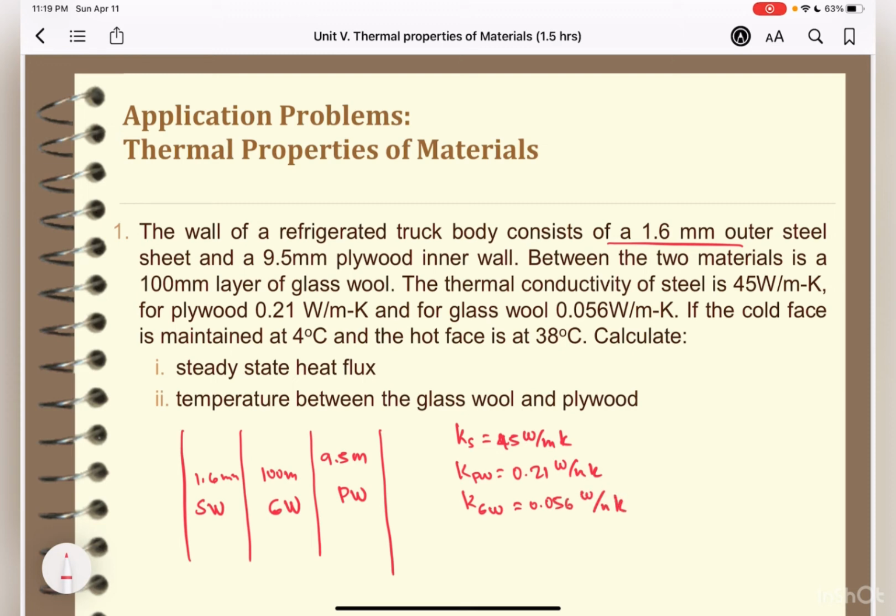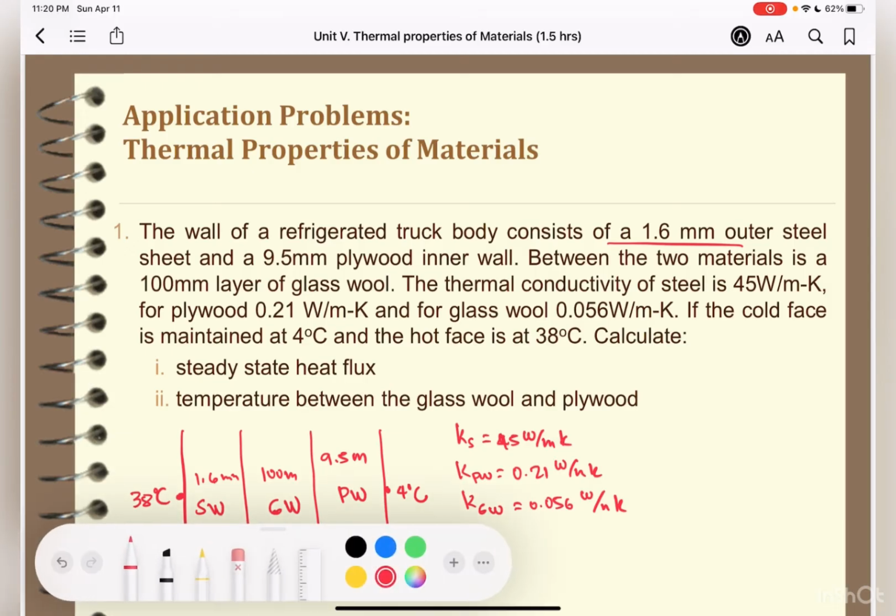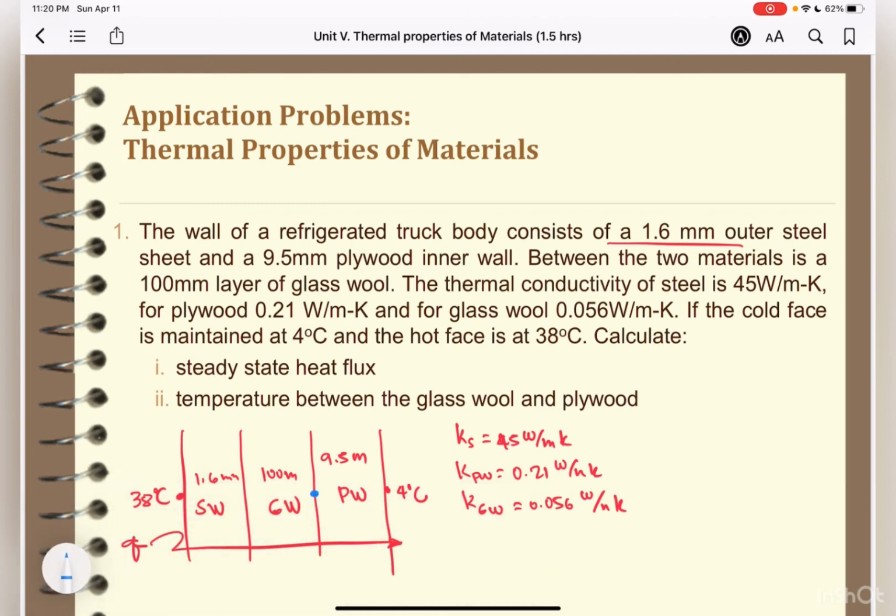Now, the cold phase is maintained at 4 degrees, assuming this is 4 degrees Celsius, and the outer or the hotter phase is at 38 degrees C. We're tasked to get Q across this body and the temperature between the glass wool and the plywood, or the temperature at this junction here.